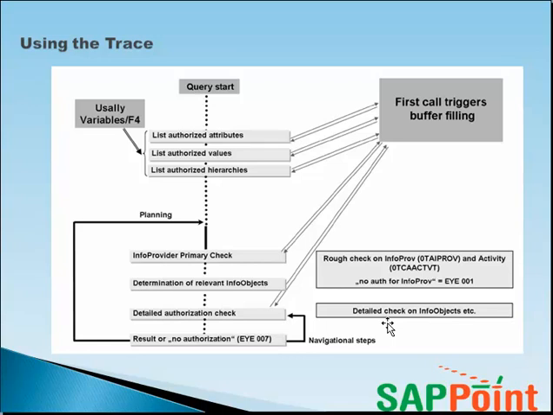If this check fails, there are some combinations for selected data that are not authorized. So in that case, a no sufficient authorization message will be displayed. In planning, the info provider specific checks are repeated for different activities.